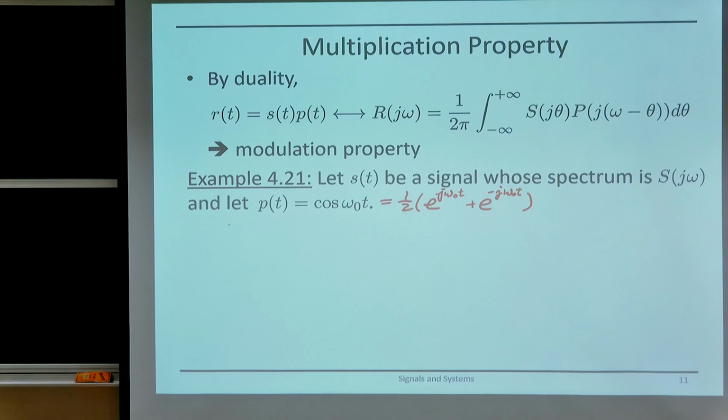Then if you take the Fourier transform of p of t, you get this capital P of j omega that is equal to pi delta(omega minus omega naught) plus pi delta(omega plus omega naught).